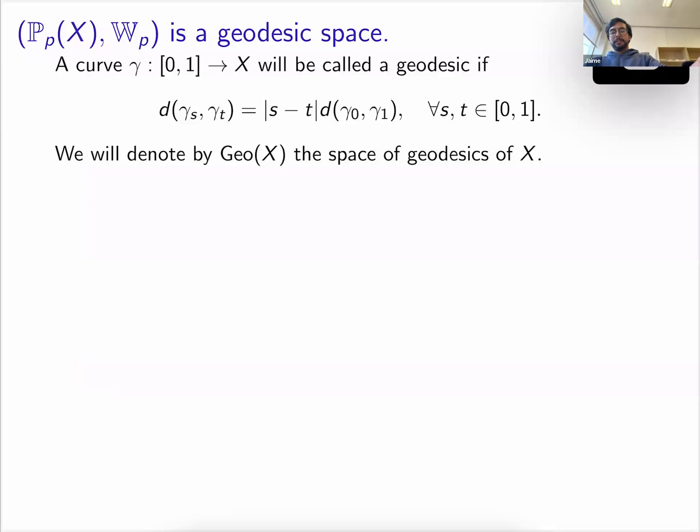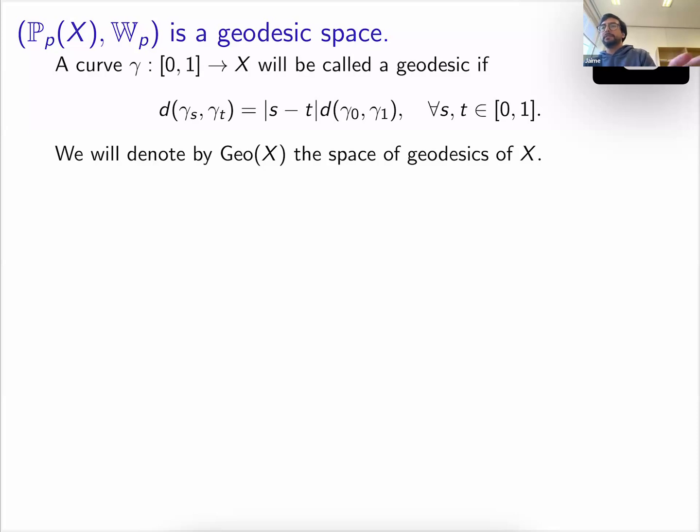Another nice thing that will really help us when we talk about geodesics is that the Wasserstein space is going to be a geodesic space. Here, I would like to point out something: I will call curves gamma from the unit interval 0, 1 to X geodesics if the distance between gamma at s and gamma at t equals the absolute value of the difference between s and t times the distance between the endpoints, gamma 0 and gamma 1.